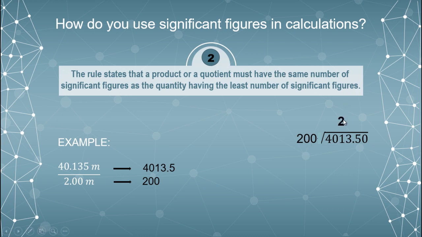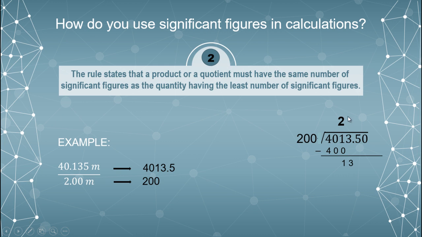Then 2 times 200, that is 400. Then we subtract, so the result is 1. Then bring down 3, one by one. So next, 13 divided by 200.